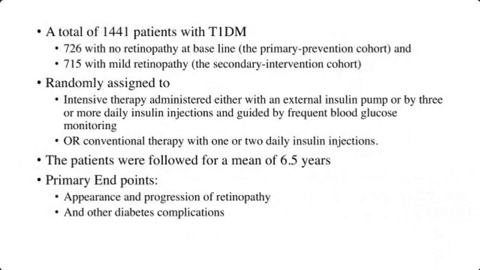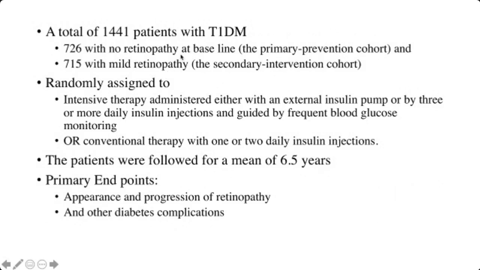They took a total of 1,441 patients with type 1 diabetes. Almost half of them had no retinopathy, and the other half had mild retinopathy. So they took a primary prevention cohort and a secondary prevention cohort.